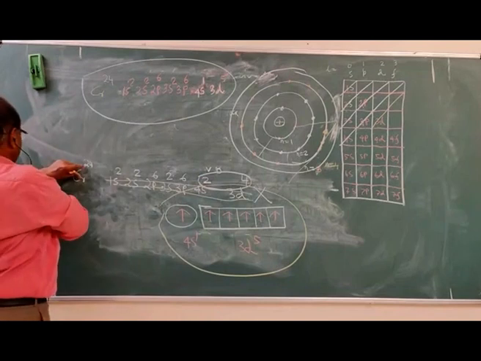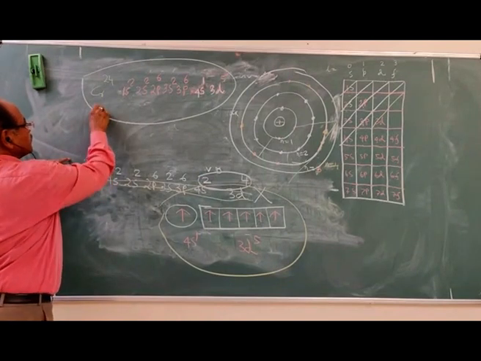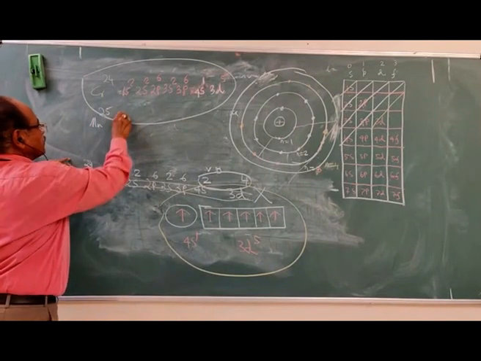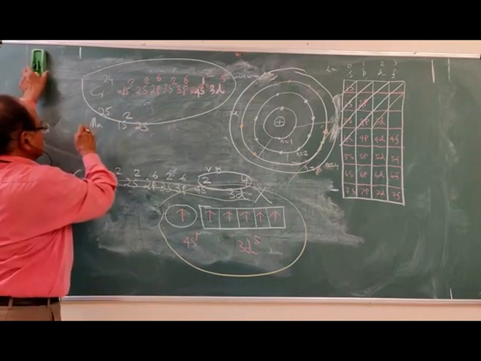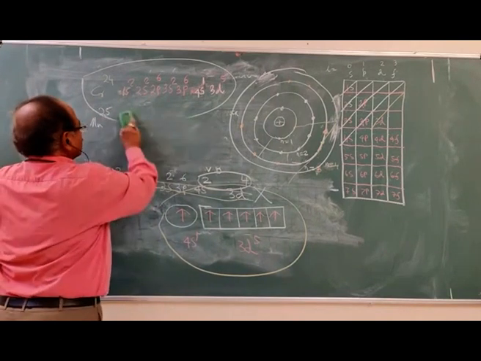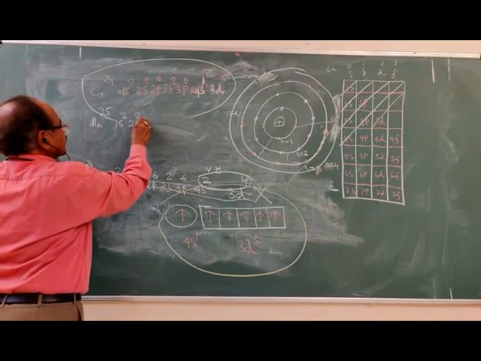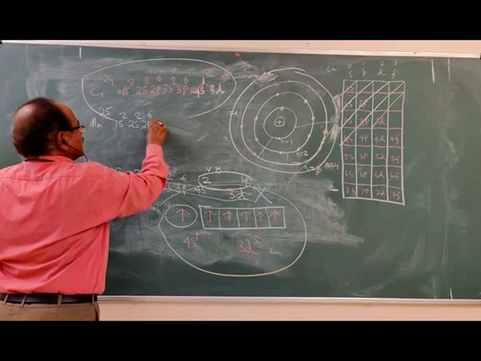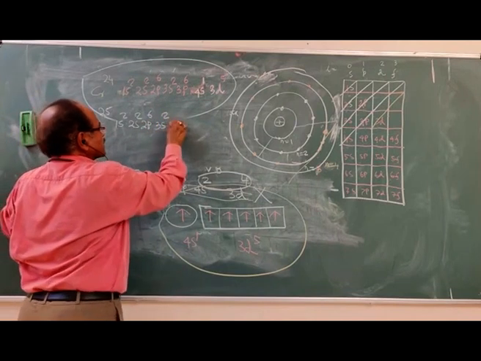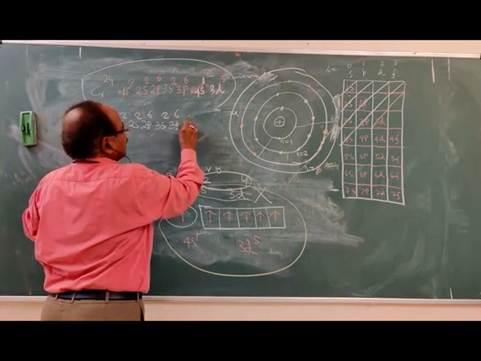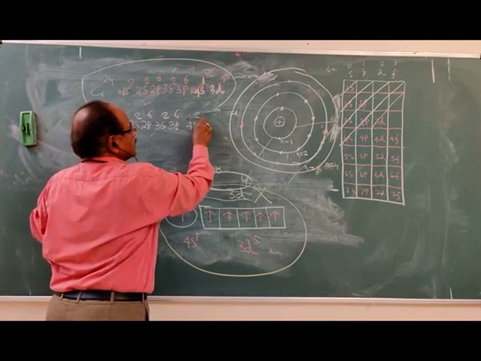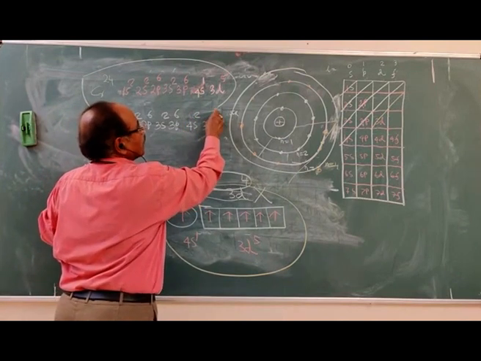Then comes manganese 25. We'll have 1s2, 2s2, 2p6, 3s2, 3p6, then 4s2, 3d5.